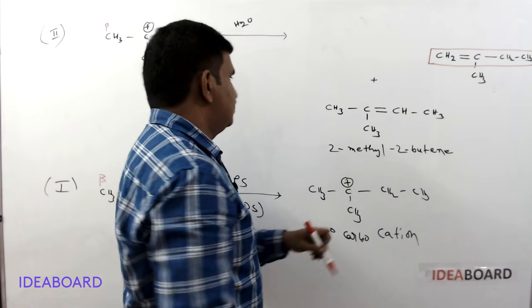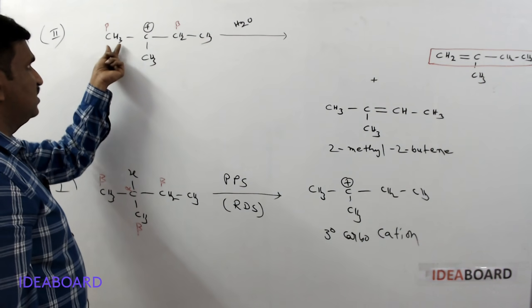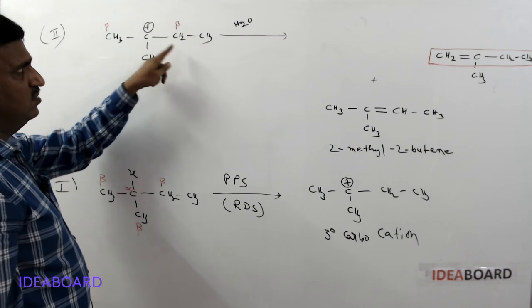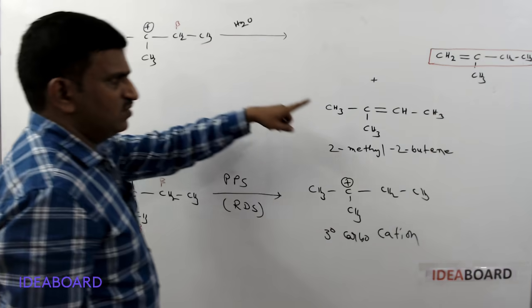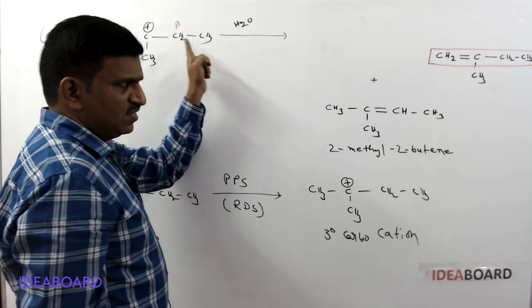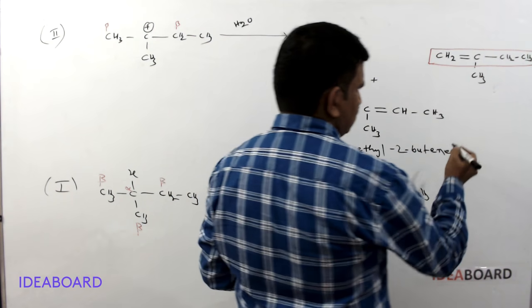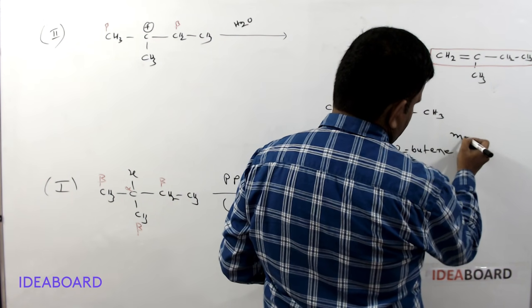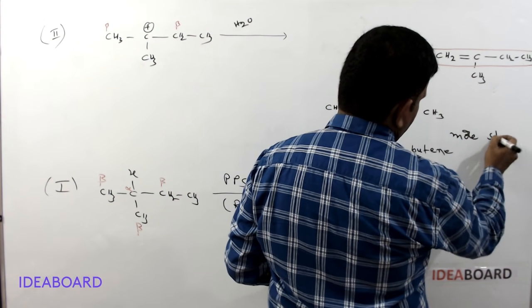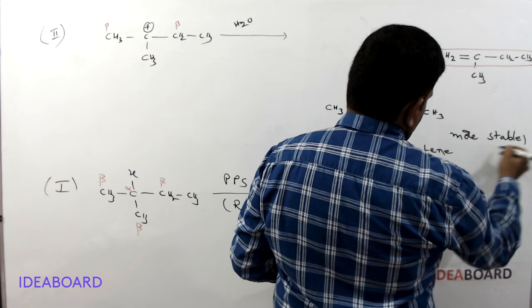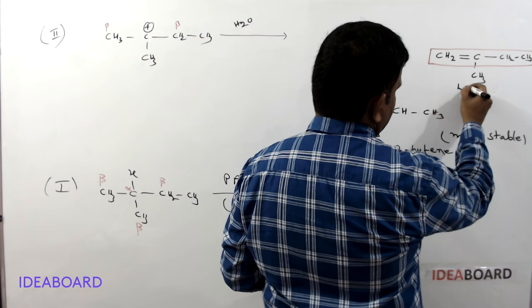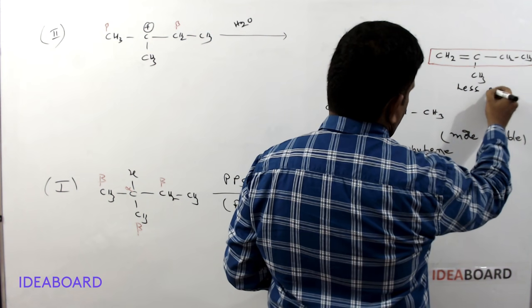Here this has 2 hydrogens, this has 3 hydrogens. Which has fewer? This one. Removing the hydrogen from it forms the alkene which is the more stable product. This is more stable, and this is the less stable product.